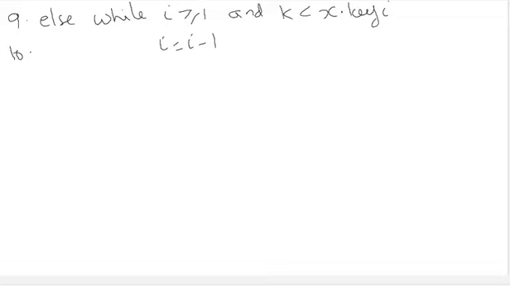Every time we will check whether 25 is less than x.key_i. In all these cases it is less than, and when we reach this position, 25 is greater than key_i, which means 25 is greater than 20. So in that case, the value of i is 2, and we need to take the third child. For that, i is equal to i plus 1.